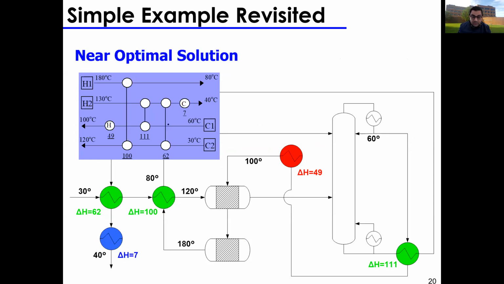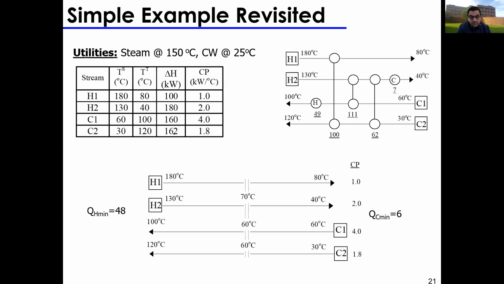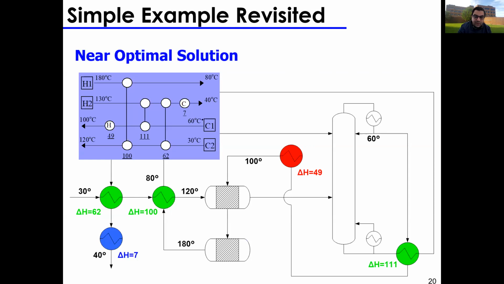Remember the simple example we were talking about, where we had these streams and we said this is a design. How did we get to this design? Let's try to approach it in a logical way. Again, these are your streams, and last time we calculated the pinch point using the cascade diagram.